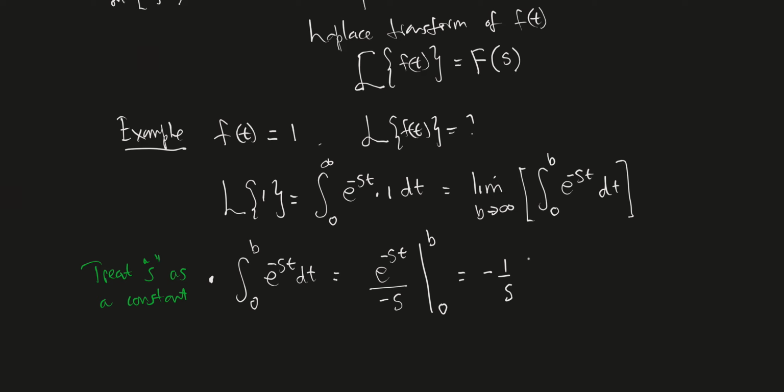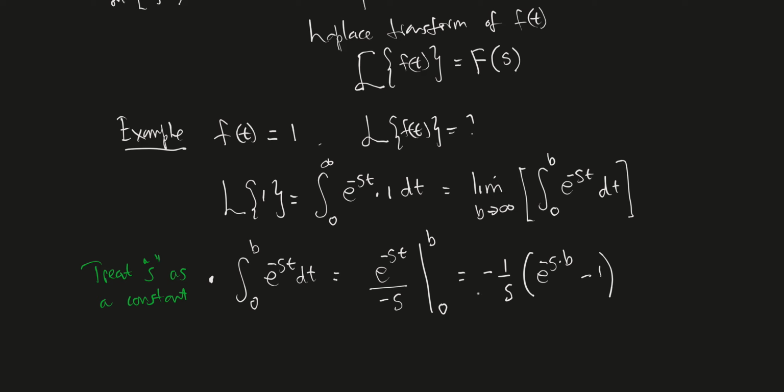In parentheses I put the evaluation when we plug b in for t, because we're integrating with respect to t and this is the upper limit. So we get e to the negative s times b, minus the exponential at t equals 0. That works out to be e to the 0, which is 1.